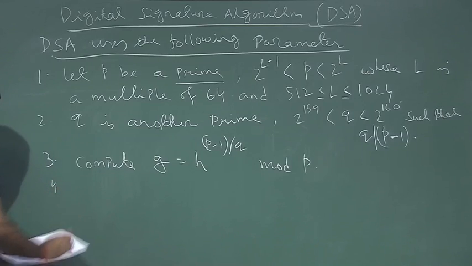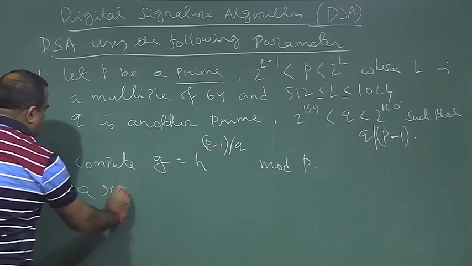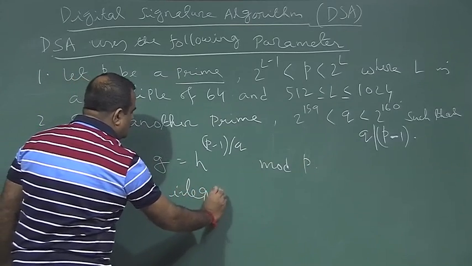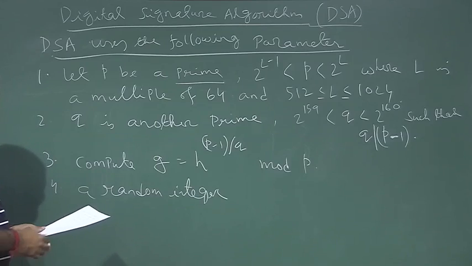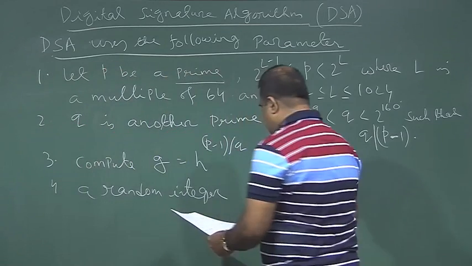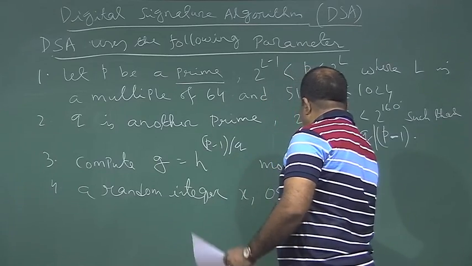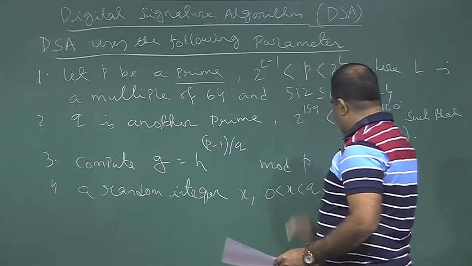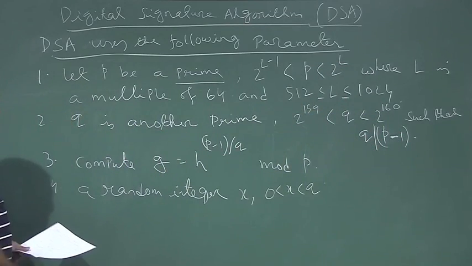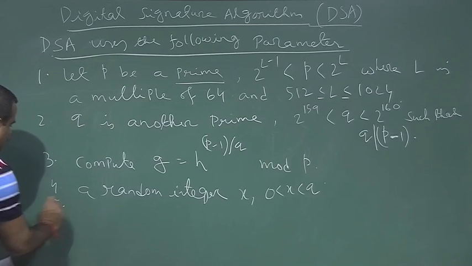Okay, so now we choose a random integer x. These are all the key generation parameters, standard parameters for this standard. x is such that 0 is less than x less than q. x will be the private key for the individual, and we compute y, which will be the public key for each individual.